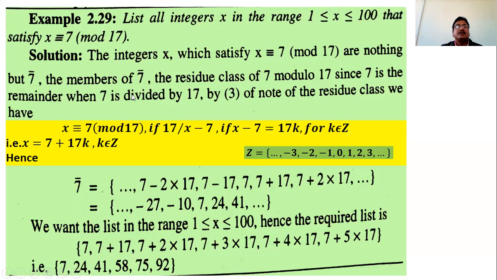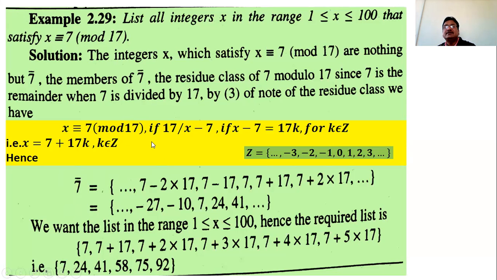We check whether 58 is congruent to 7 mod 17. It is, if 17 divides 58 minus 7. 58 minus 7 is 51, and 17 divides 51. So these are the elements which are congruent to 7 mod 17.